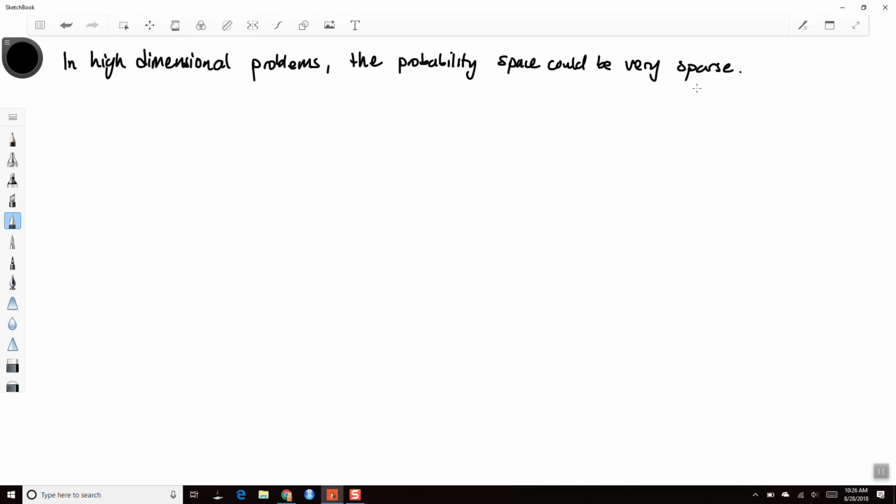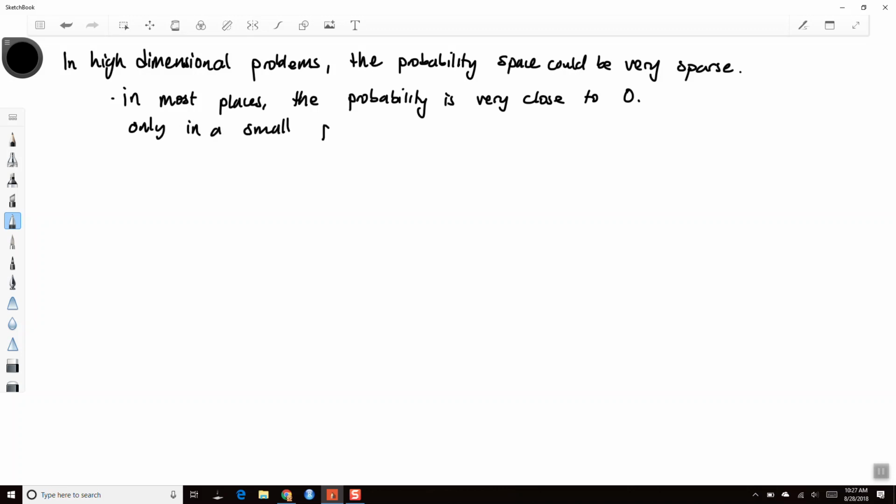What that means is almost everywhere the probability is very close to zero, and only in a small pocket is the probability of interest. Okay.